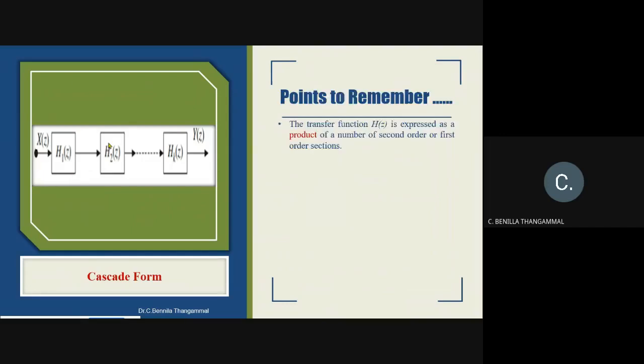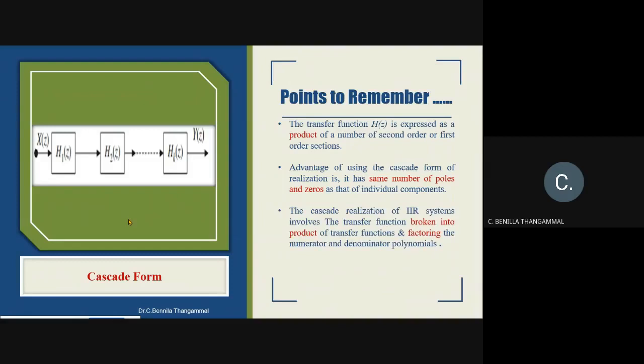So normally in cascade form, everything will be expressed as a product of first order transfer functions. And the advantage of using this cascade form is it has the same number of poles and zeros. Since we are going to break it into first order, the poles and zeros will have the same number, and we consider them as individual components.